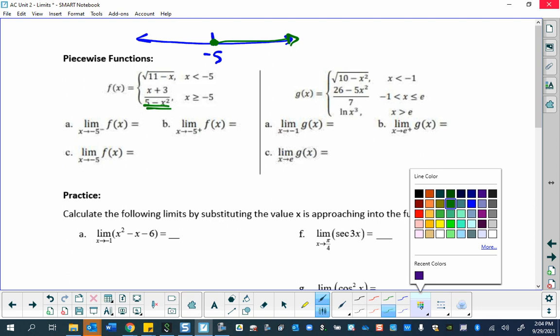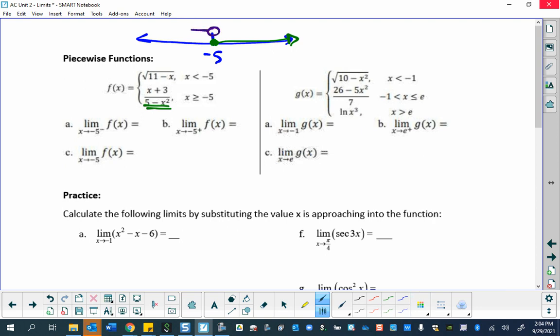Any input value that is less than -5 is going to follow this rule. That way you're not confused about what to do if x is equal to -5. See where the dot's colored in? That's the one you use. So the story changes at an input value of -5 with our piecewise function.